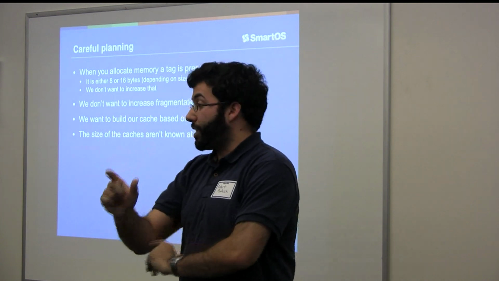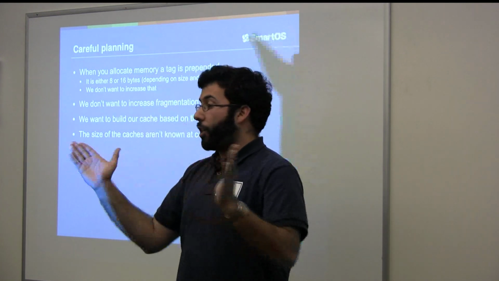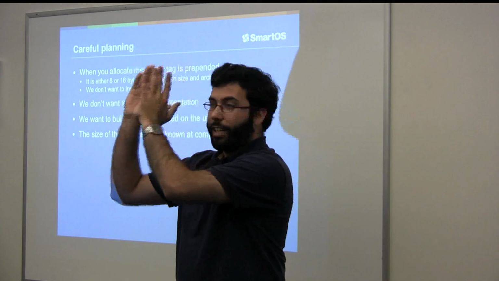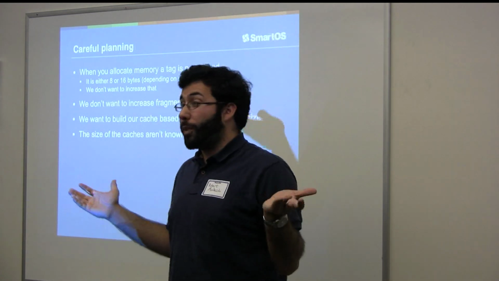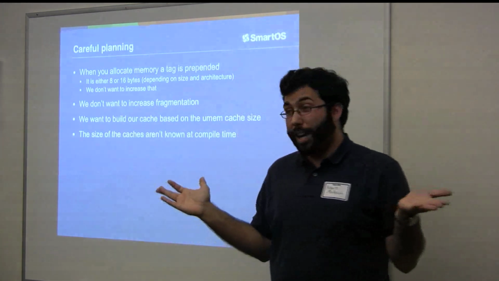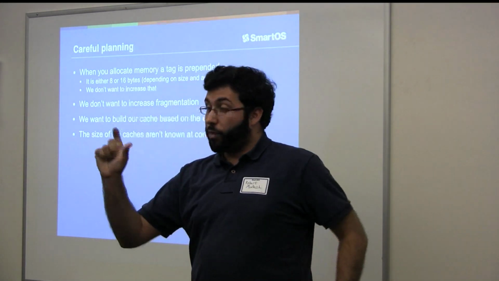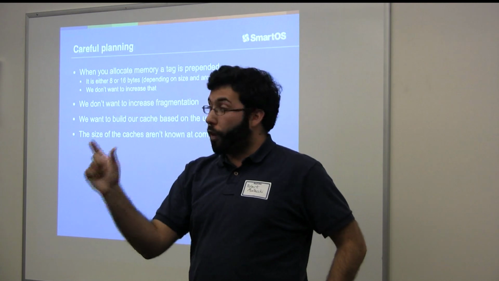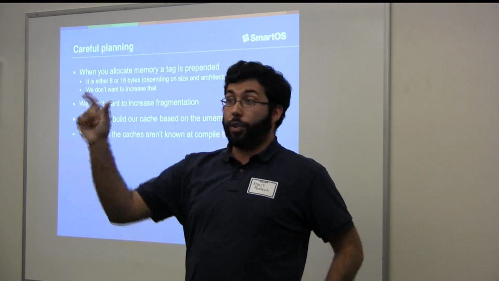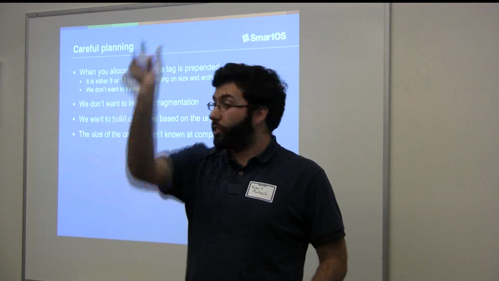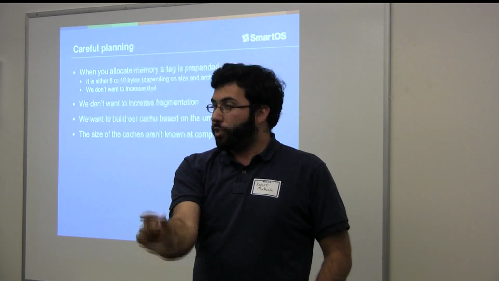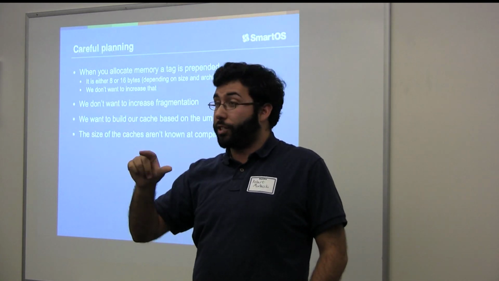The alternative would have been to split it into 100 bytes and 28 bytes, and I really hope someone else comes along who needs 28 bytes, but if not, I'm kind of out of luck. So instead, we give you that as a little bit of overhead for using that cache. And when you come in for a 28-byte allocation, you instead go to the 32-byte cache. So you're going to different size caches for a reason.